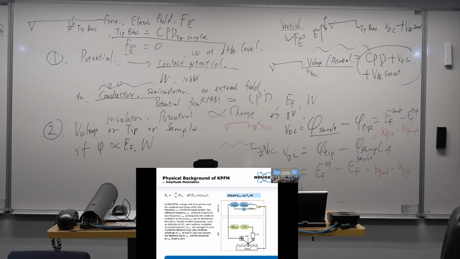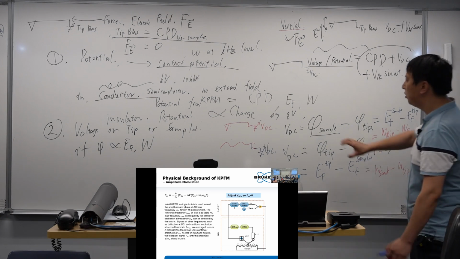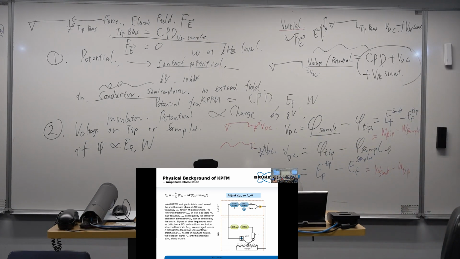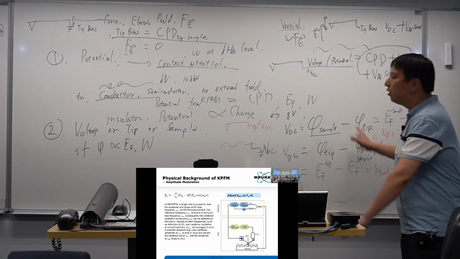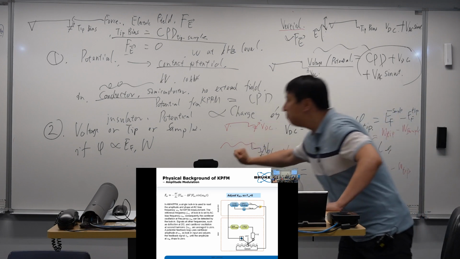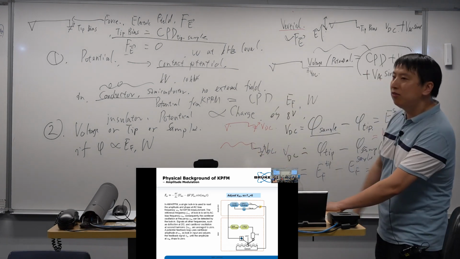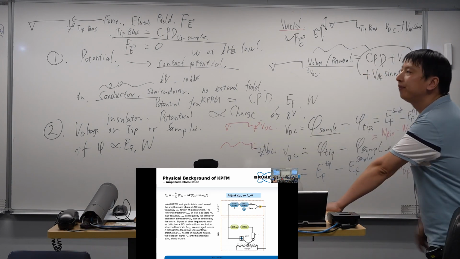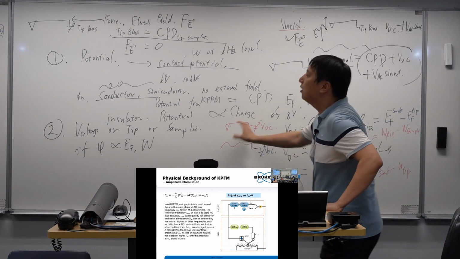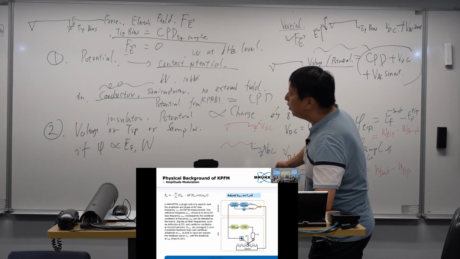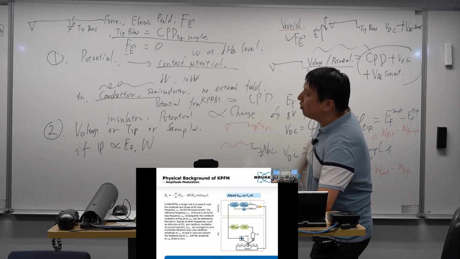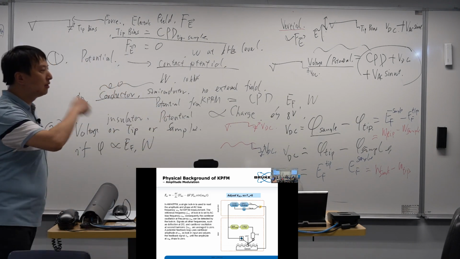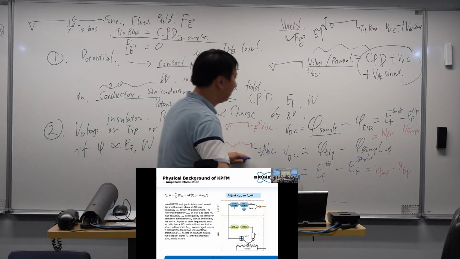That's the difference between applying on the tip or on the sample. But again, this only works if your sample is conductive. If your sample is not conductive, you cannot even apply voltage on it, right? If your sample is conductive, we know this potential difference is related to the Fermi level and the work function.